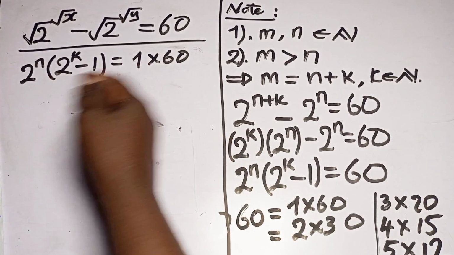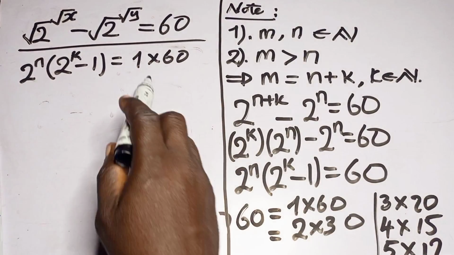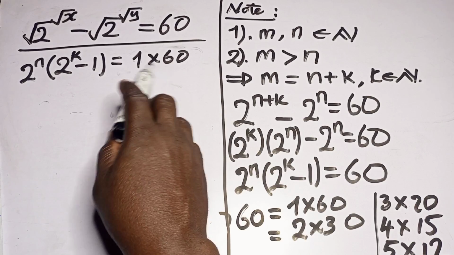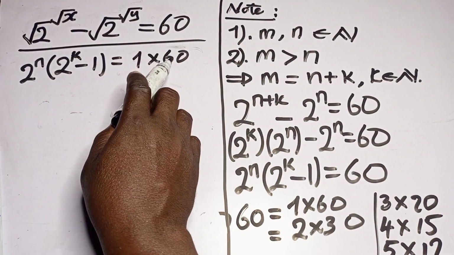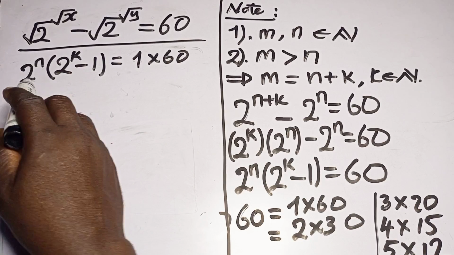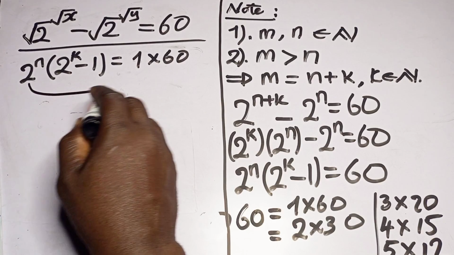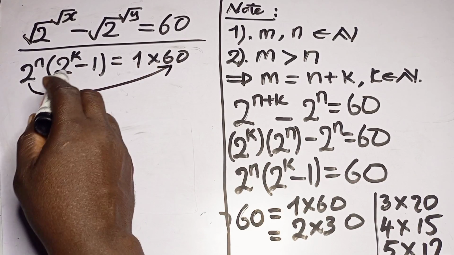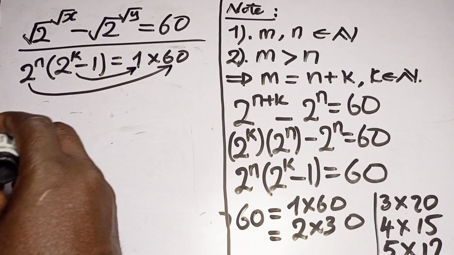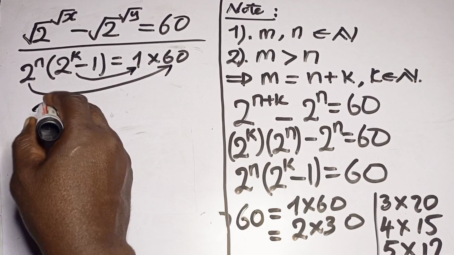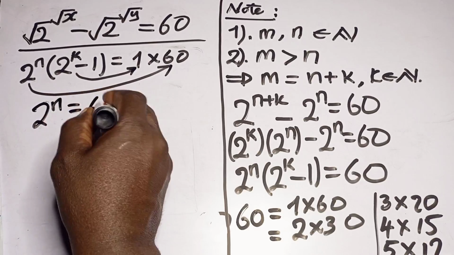So with that at the back of our mind, let's look at our factors that we have here. 1 is an odd number and 60 is an even number. So it therefore means if we match things up, 2 to the n will go for 60 and 2 to the k minus 1 will go for 1. So we're saying 2 to the n is 60.